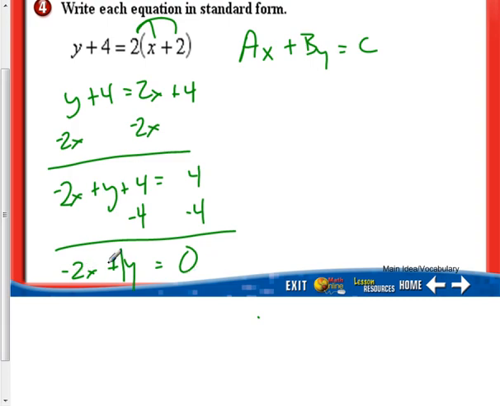Yes. There's no other number that can go into both 2 and 1 other than 1. And everything's an integer. Negative 2 is an integer, 1 is an integer, 0 is an integer. So we're done here. The answer would be negative 2x plus 1y equals 0, and that's your full complete answer.